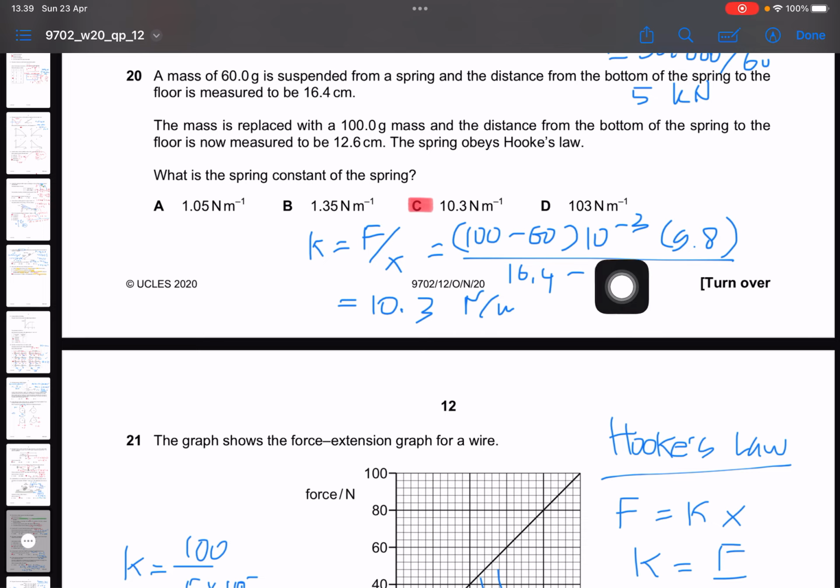Then times 9.81, and x is 16.4 minus 12.6. Finally we get the spring constant as 10.3 newton per meter, or 10.3 newton meter minus 1. So the answer is C.